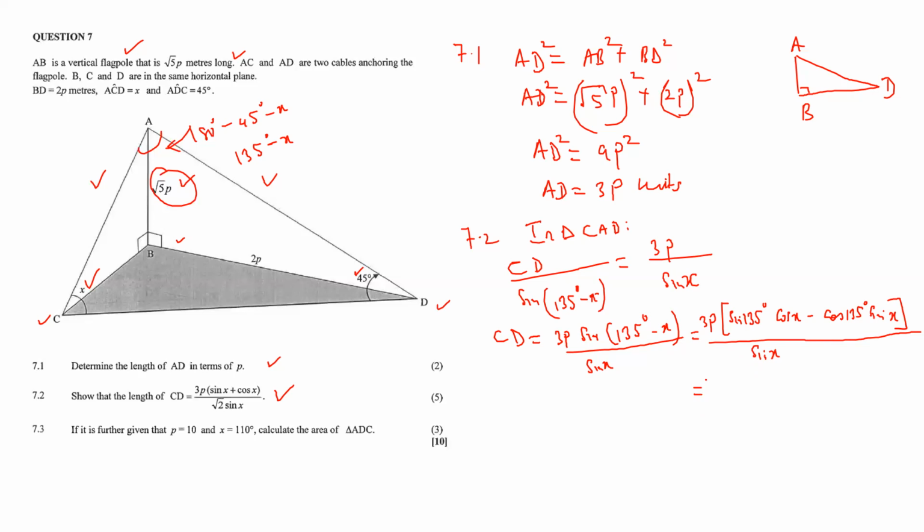The simplification is that it is actually 3P into, the sine of 135 is the same as the sine of 180 degrees minus 45 degrees, which is the sine of 45 degrees in the second quadrant, cosine X. The cosine of 135 is the cosine of 180 minus 45, which remains the cosine, but it becomes negative in the second quadrant.